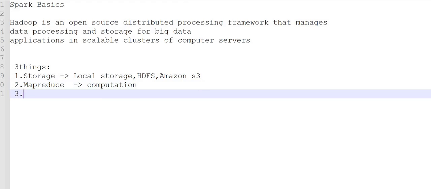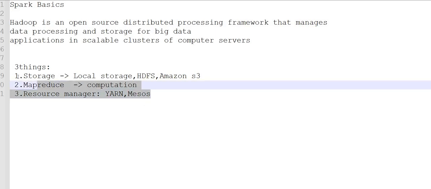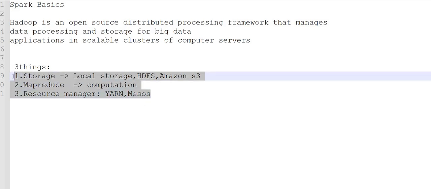And the third one is a resource manager. That resource manager can be Yarn, Mesos, or Kubernetes. There are multiple resource managers. So these are the three things Hadoop provides us.